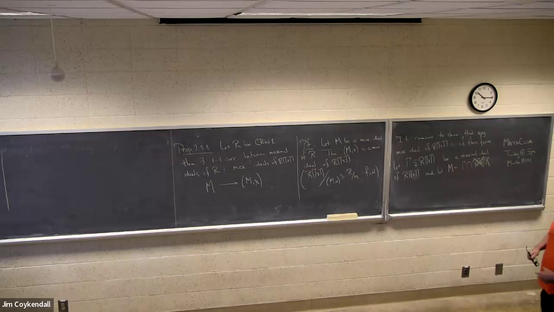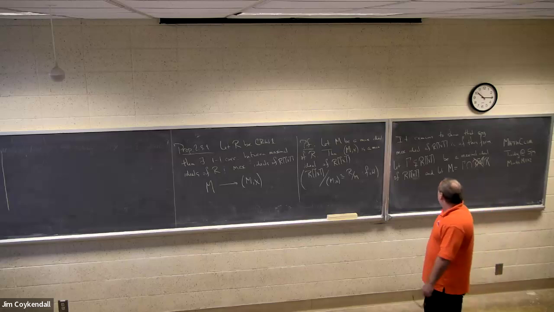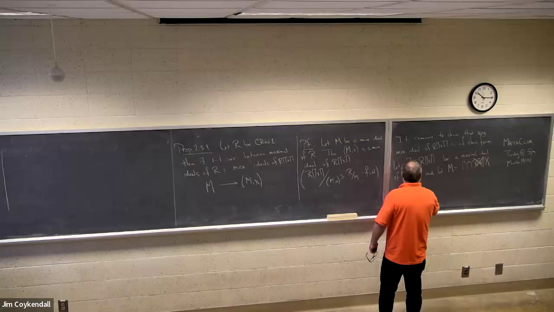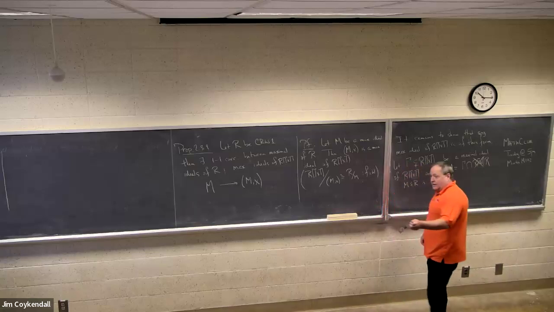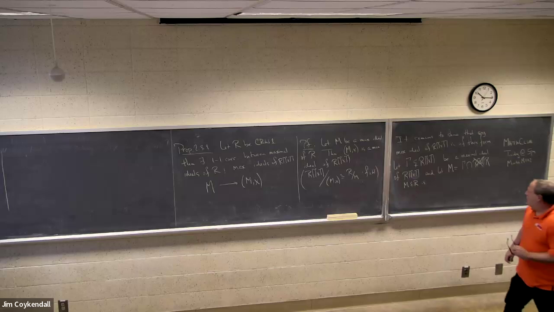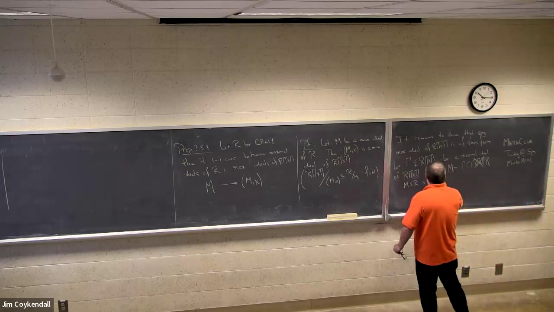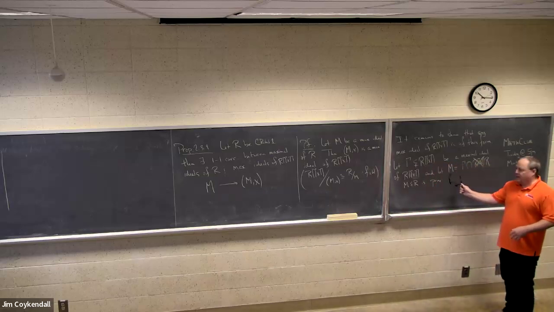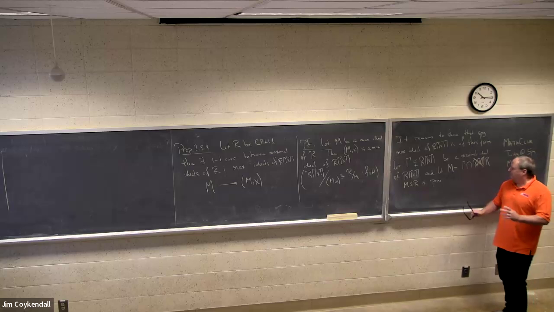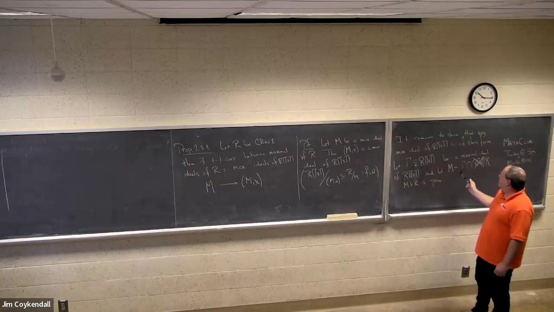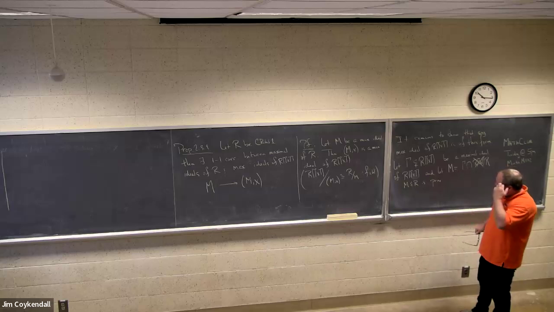Now, what do I know about M? It's an ideal. You can do a little bit better. It's prime. Why is it prime? Well, because Γ is maximal, so it's prime. And when you intersect a prime ideal down to a smaller ring, you get a prime ideal.